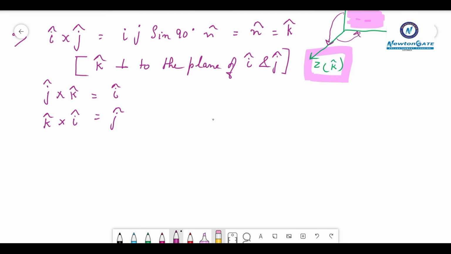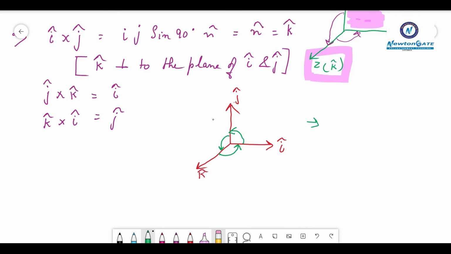Now if I draw it again, this is my x, this is y, and this is z. So this is i cap, j cap and k cap. If we see the direction of i cross j, j cross k, k cross i, what is this direction?